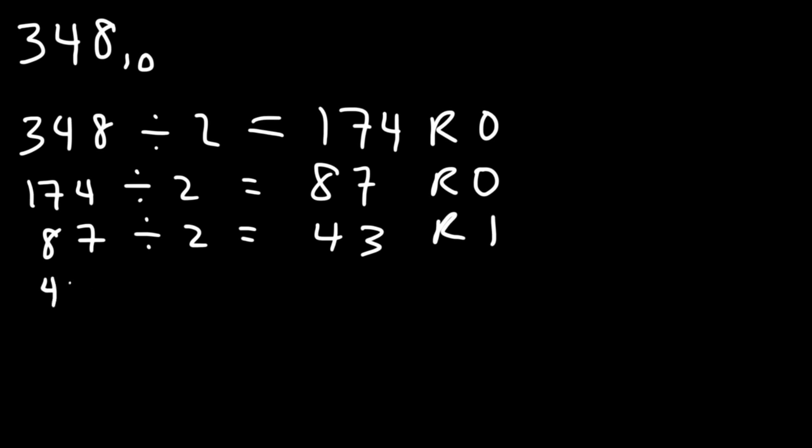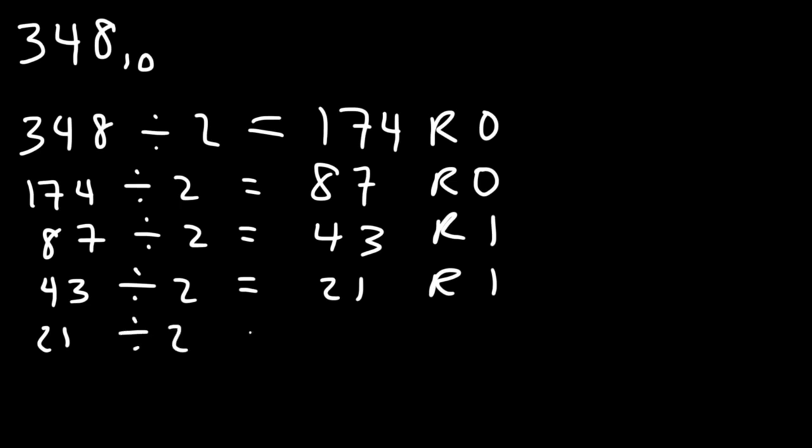Now, if we take 43 and divide that by 2, that's going to be 21.5, which is 21, remainder 1. Then we take 21 and divide that by 2, so that's 10.5, which is 10, remainder 1. And then 10 divided by 2 is exactly 5, so 5 remainder 0.